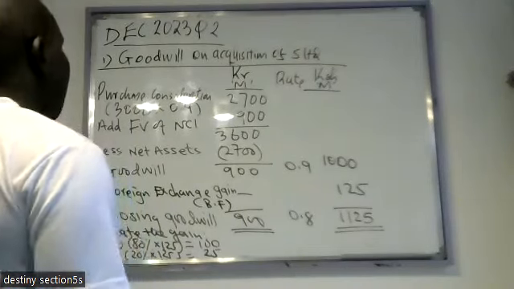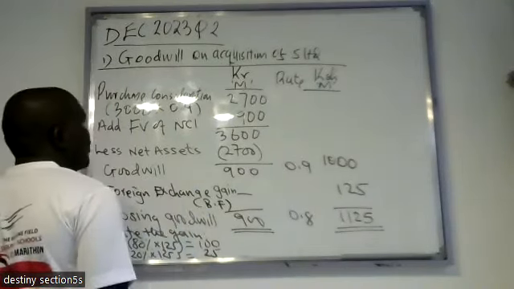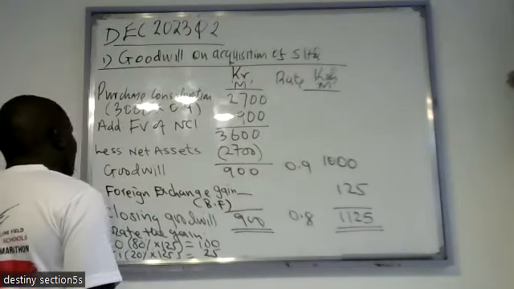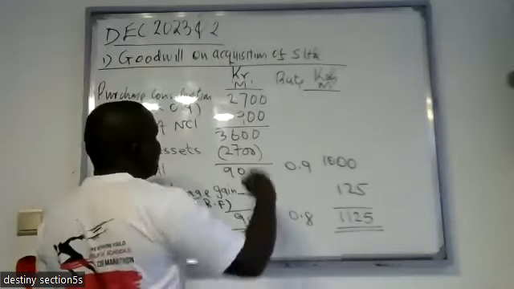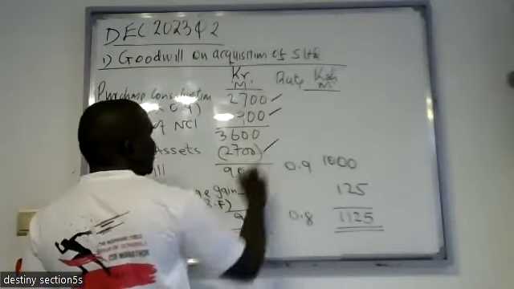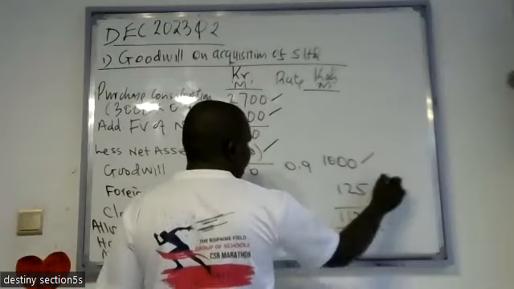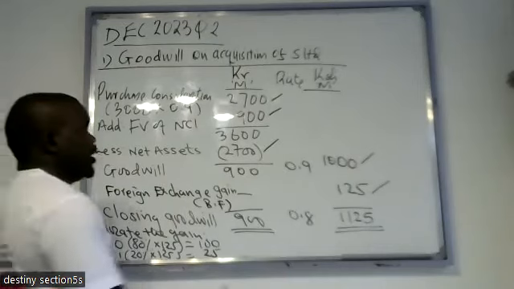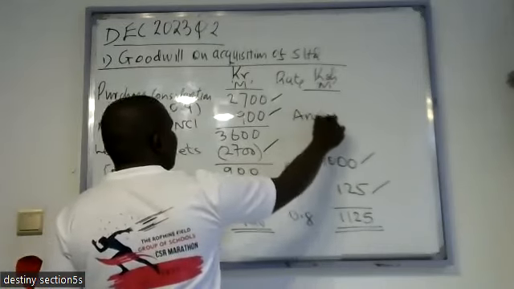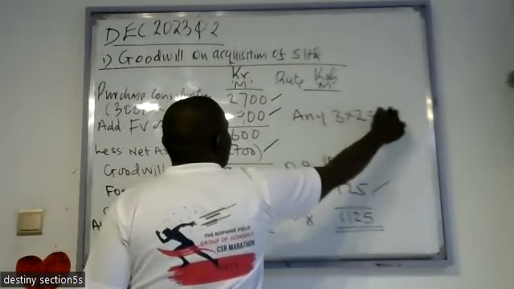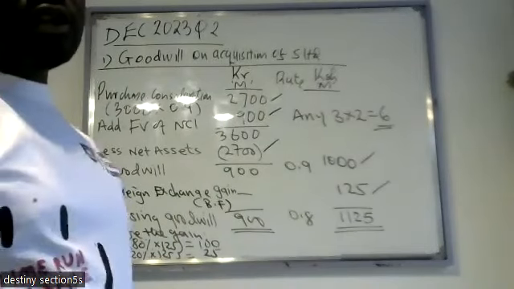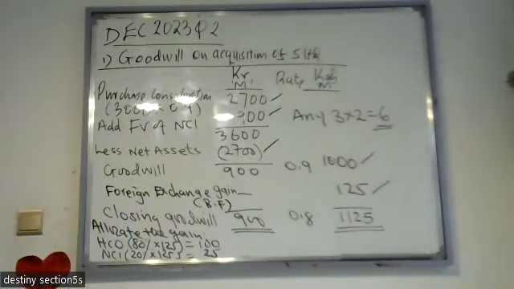They will mark 1, 2, 3, 4, 5. I think it is any 3 at 2. 6 marks. Any 3 at 2, you get the 6 marks. Perfect.